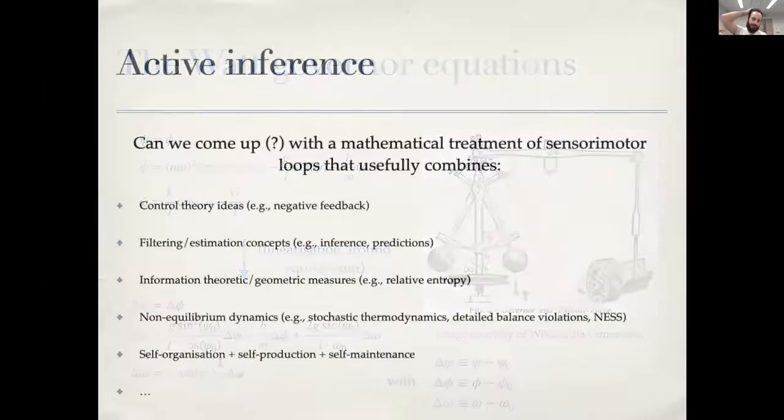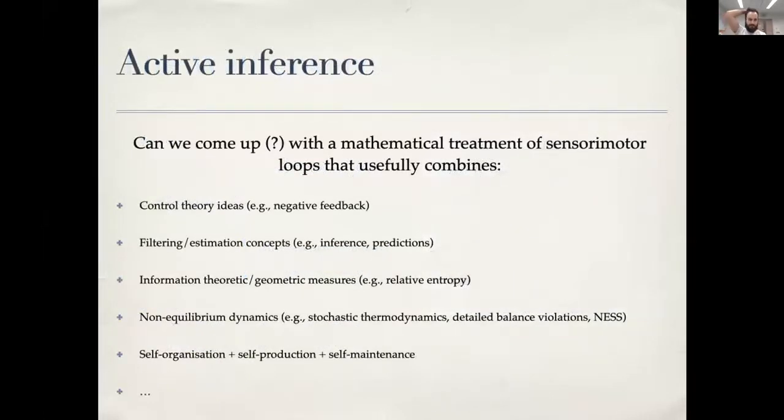So, active inference and predictive coding. What's the main idea? For me, it is to try and find some sort of mathematical theory that can connect different ideas from different research areas.